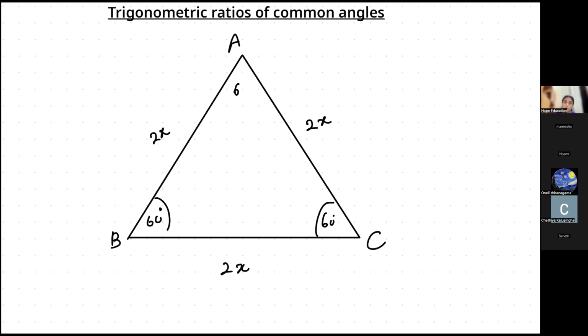I'm going to say something. An equilateral triangle is also an isosceles triangle. An equilateral triangle is also an isosceles triangle. Is that true?